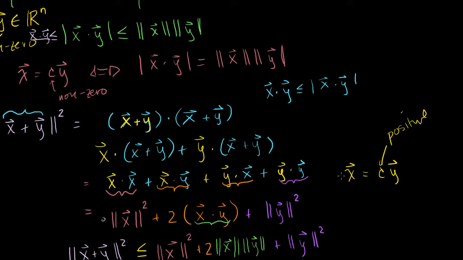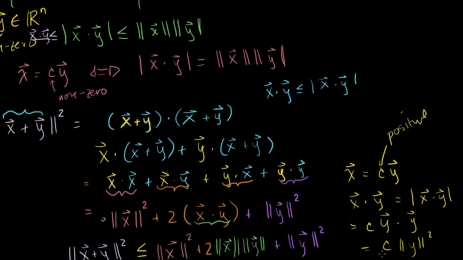Because if c is positive, then x dot y would be the same thing as c y dot y, which we know is just the same thing as c times the magnitude of y squared. And the only way I can assure that this expression is equal to the absolute value of x dot y is if c is positive.